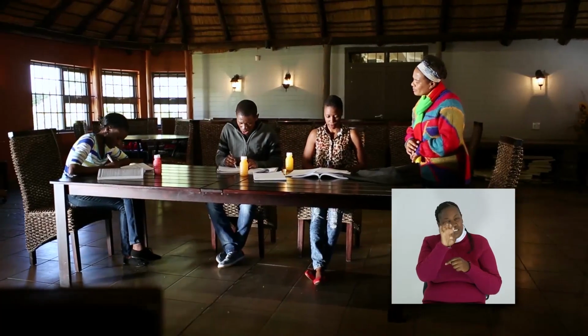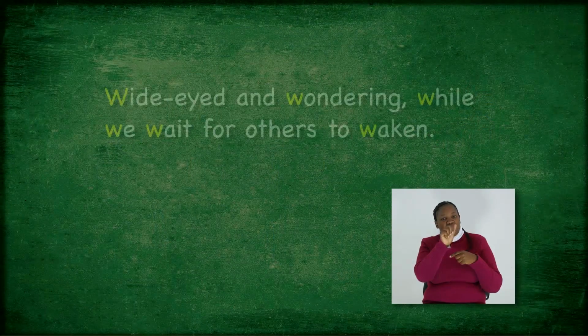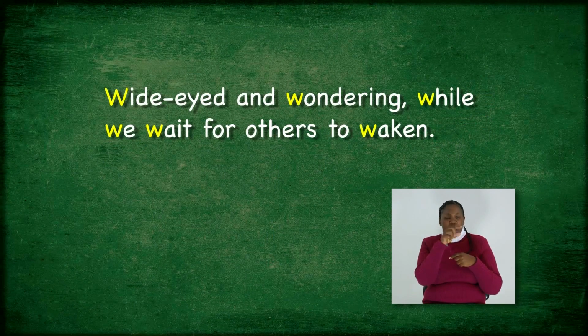What is that, boy? Alliteration is the repetition of an initial consonant sound. Say it, children. Say it. Alliteration is the repetition of an initial consonant sound. For example, wide-eyed and wondering while we wait for others to waken.